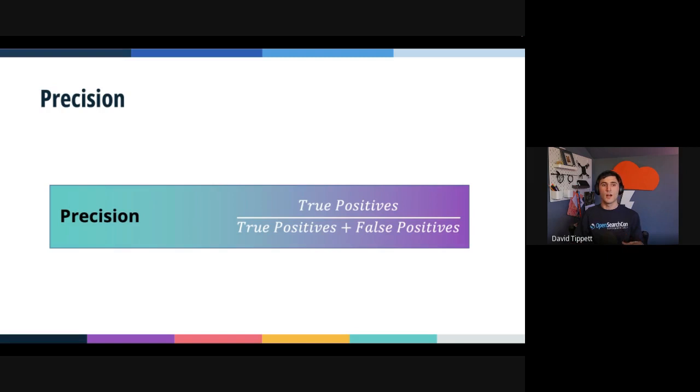Precision is the number of true results that you got back that actually were a match for your query, divided by the true positives plus any false positives you had. So say, for example, we had the perfect world. We would return all of the documents that we wanted to see and none of the documents that weren't actually relevant, and our precision would be 1.